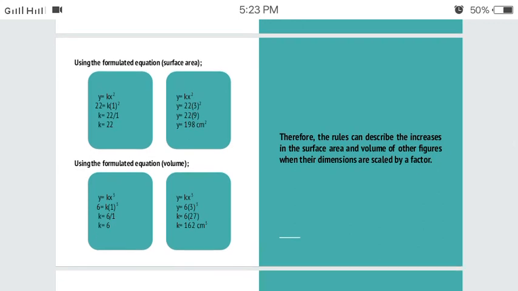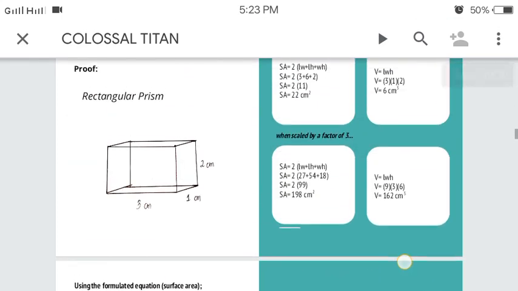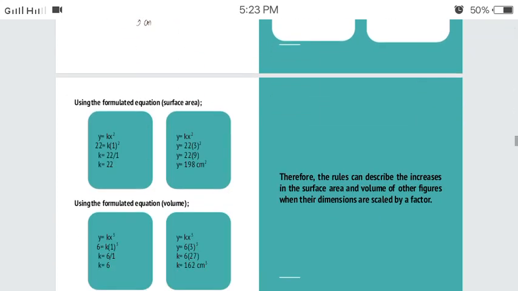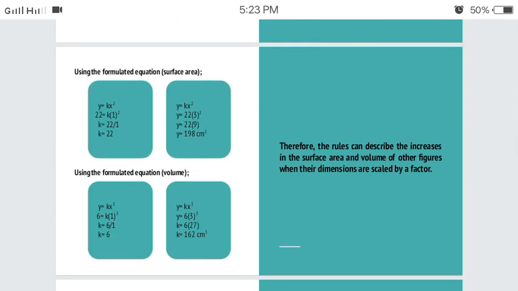So using the formulated equation for the surface area, y is equal to kx squared. So y is 22, the surface area. So 22 is equal to k times 1 squared. So k is equal to 22 over 1, which is 22. So k, the constant, is 22.